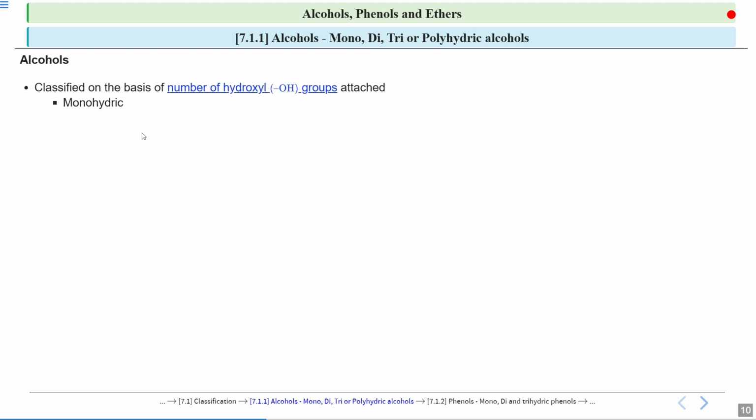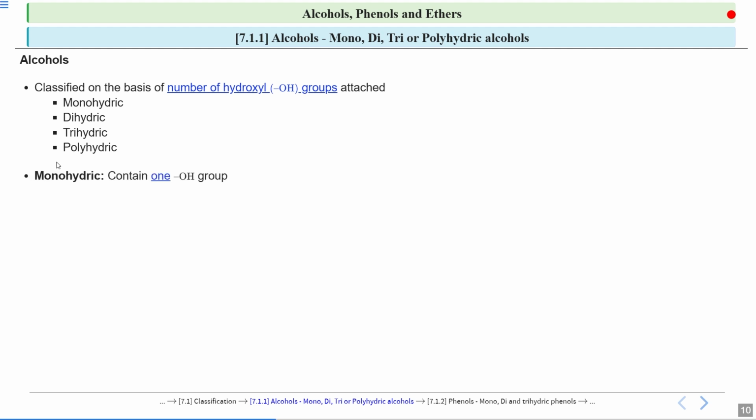The first is monohydric. Mono means single, and hydric refers to hydroxyl. The other one is dihydric, di means two, and the next is trihydric, tri means three. The fourth one is polyhydric, poly means more than three, so many.